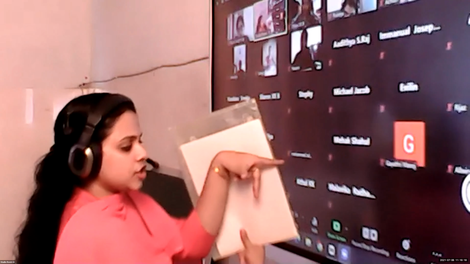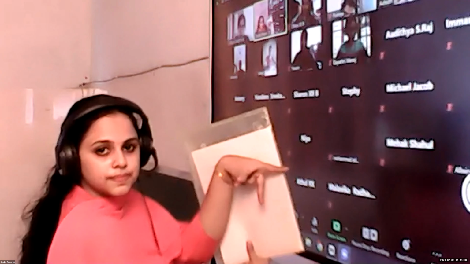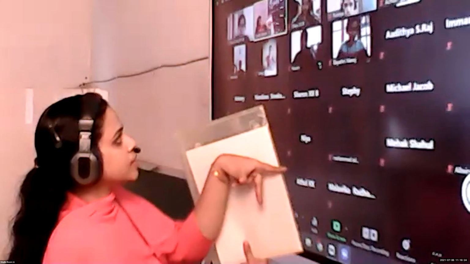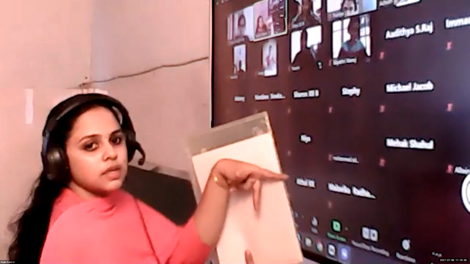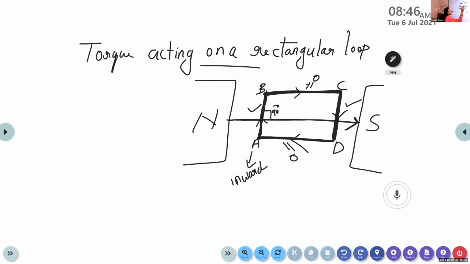Then what about the direction of the force? Outward. Yes, it is outwards. So by applying Fleming's left hand rule, the force acting on the side CD is outward. It is pointing out of the plane of the board.